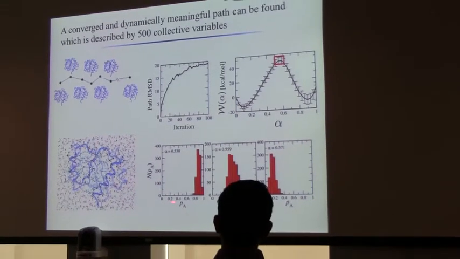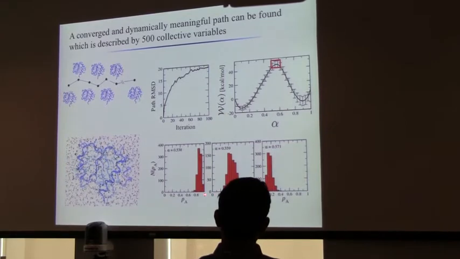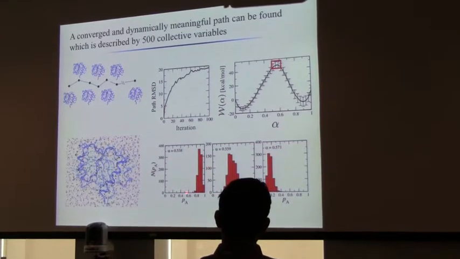In other words, how could I find a physical variable that'll tell me whether I am a reactant, a product, or a transition state where I've got a 50-50 chance of going towards the products or towards the reactants.